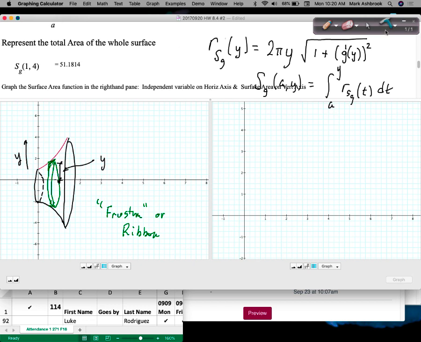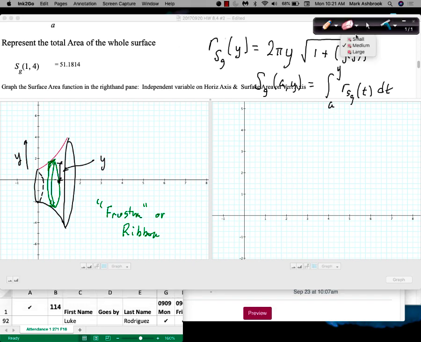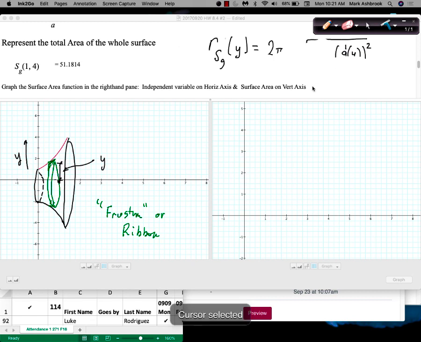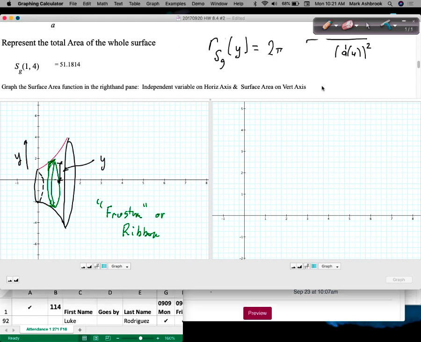Over on the right-hand pane, I want a graph. Make this bigger. I want a graph over on the right-hand pane. I want y on my horizontal axis, the y values from the left graph on the horizontal axis over here, and then the resulting surface area on the vertical axis.